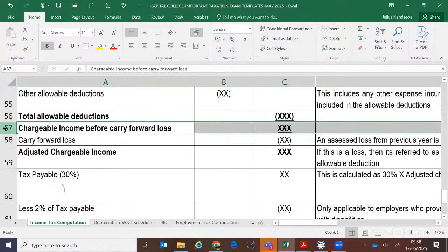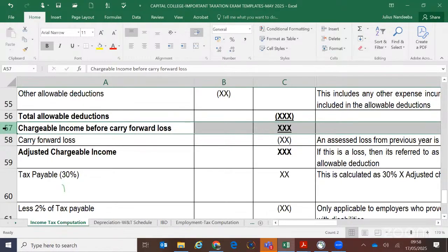I think that is clear enough. I am repeating this because I have seen this is the biggest error that students make. Do not go to your statement of profit or loss and pick an expense and bring it under less allowables.